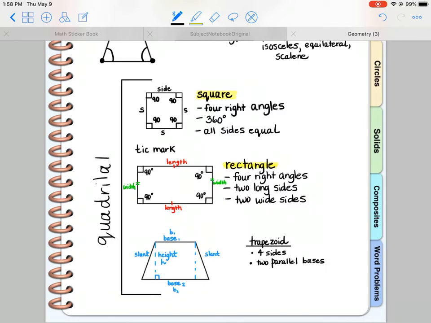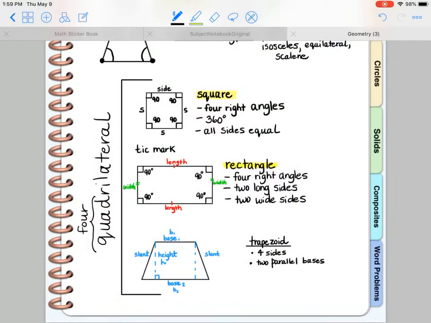Quad means four. Tri means three. Quad means four. So think of 4 quarters in a dollar, or a quartet has 4 people. So quadrilateral is the family with 4 sides.